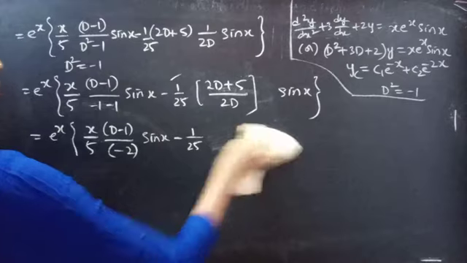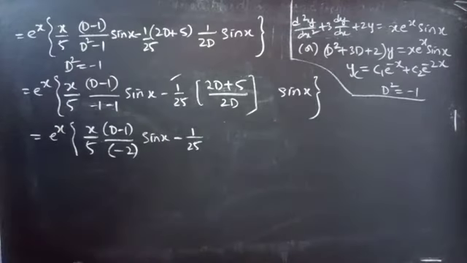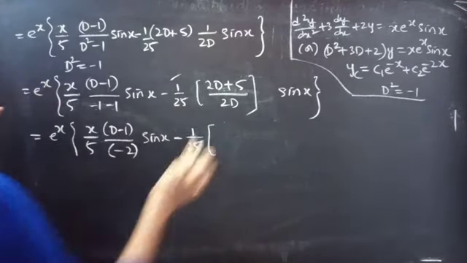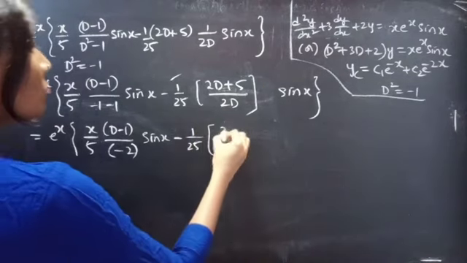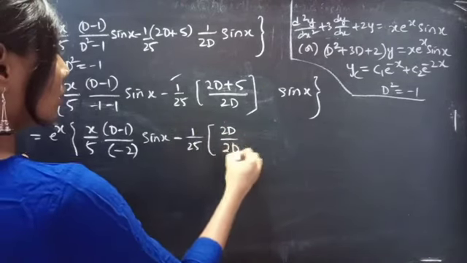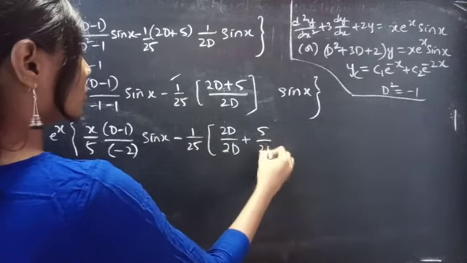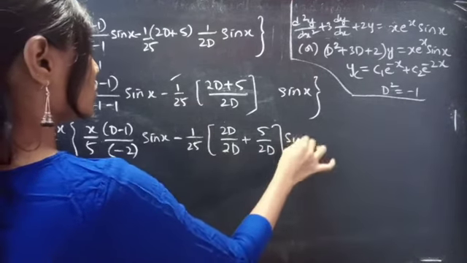Better, we can make it easy. Is equals to, in the numerator you are having two terms and in the denominator you are having one term, so we can split this into two terms, 2d by 2d plus 5 by 2d into sin x.